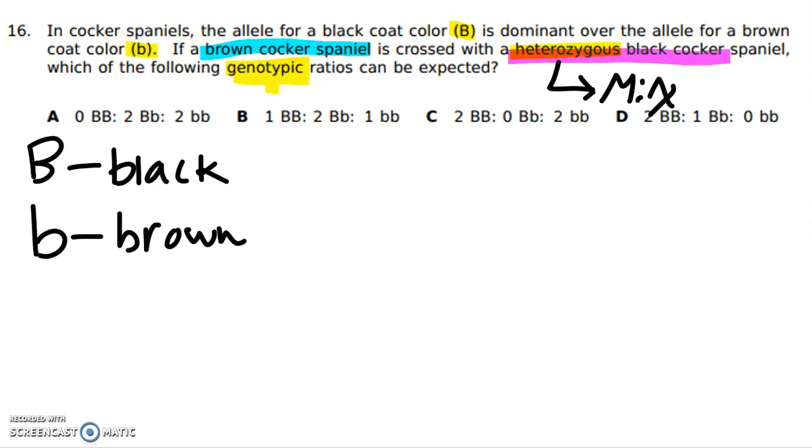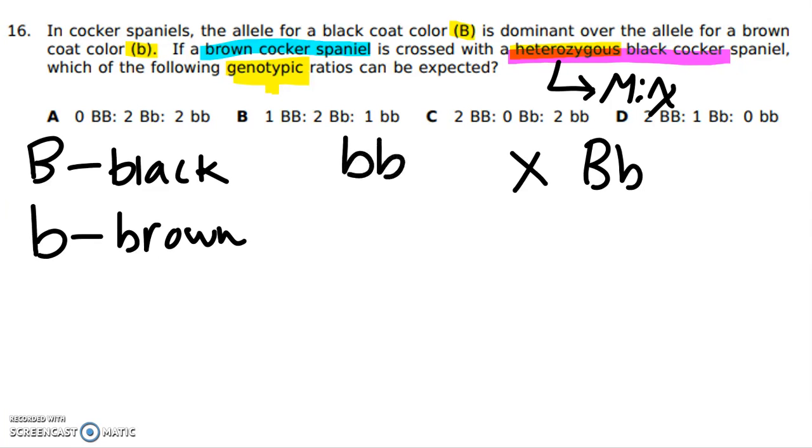So one parent is going to be heterozygous and black. And then if you see what I highlighted here in, I guess we'll say teal, one of them is brown, and there's only one way to be brown, and that is if both are recessive alleles. I'm homozygous for recessive.